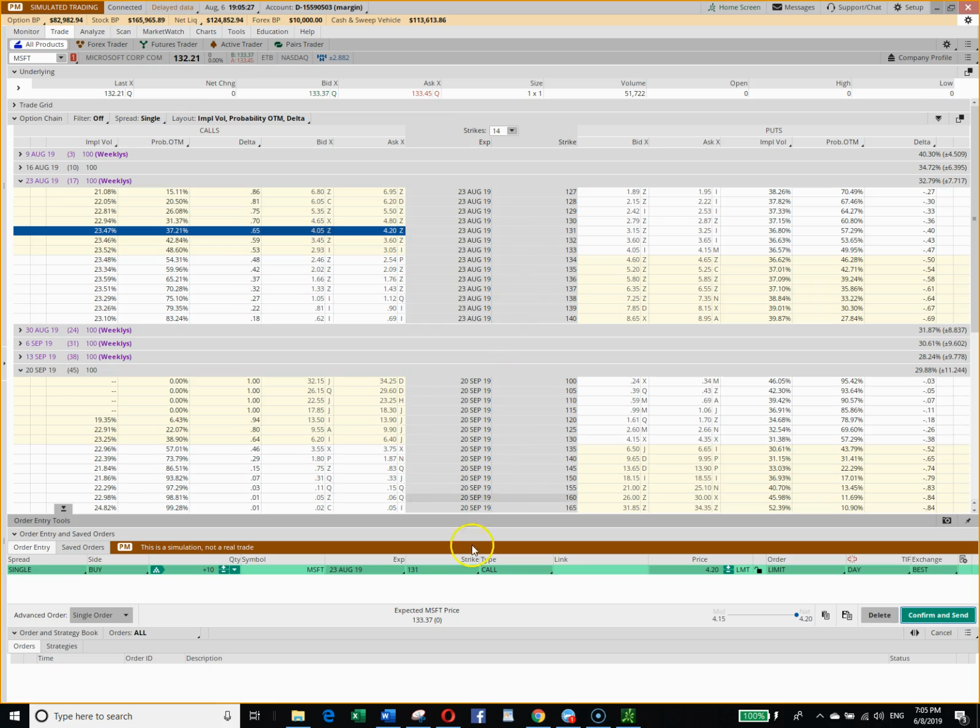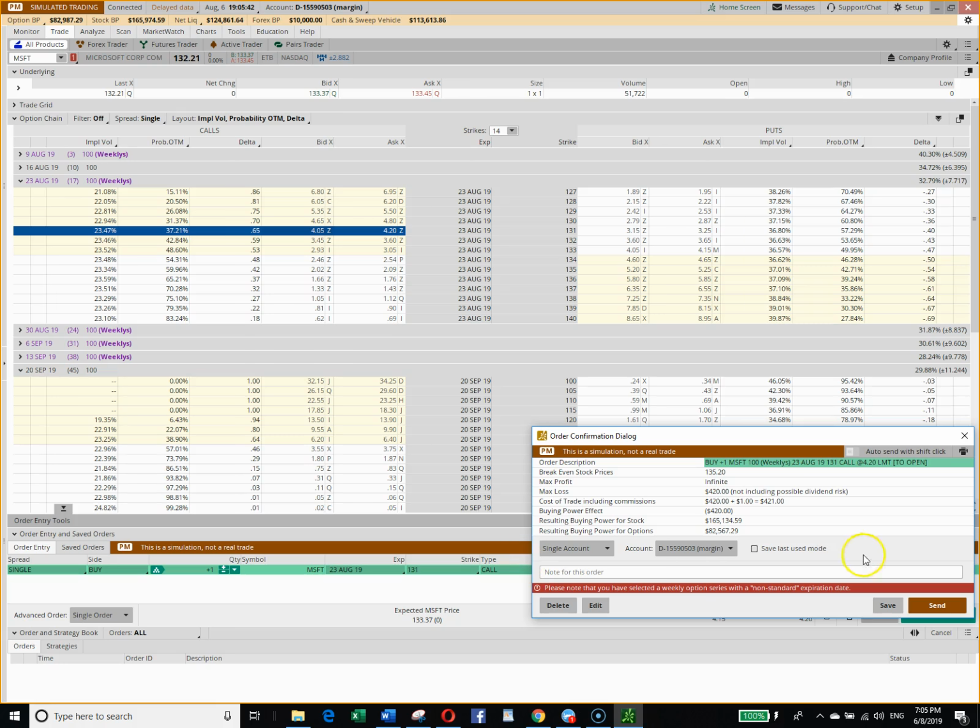Once you do that, it shows you that you are buying 10 contracts of Microsoft 131 call at 4.20. You don't want 10 contracts, so you will change this to 1, and now you will say confirm and send. Once you say confirm and send, it shows you one contract of Microsoft 23rd August 131 call at 4.20 is your limit.